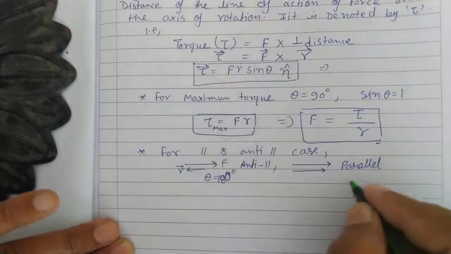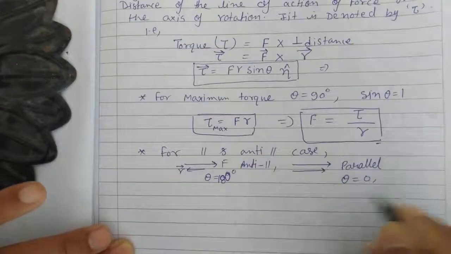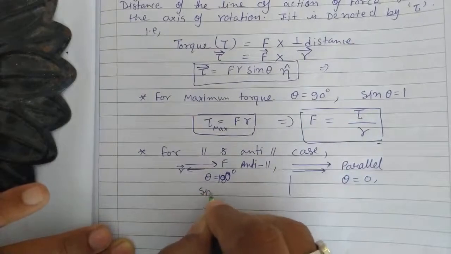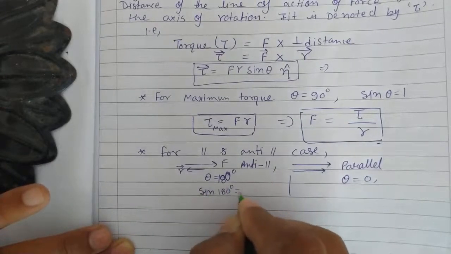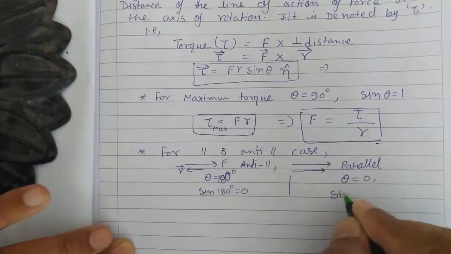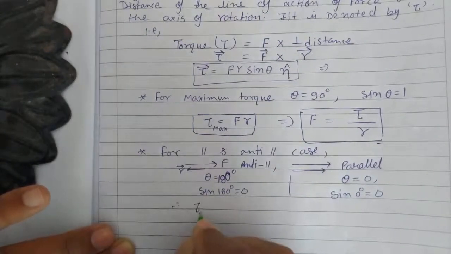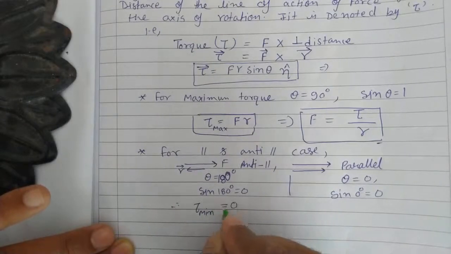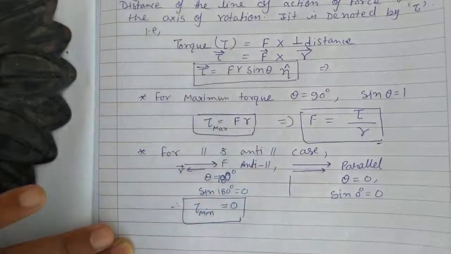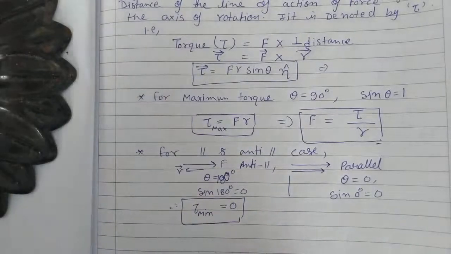For this, sin 180 degree is equal to 0 and sin 0 degree is 0. Therefore torque is minimum, which is equal to 0. Okay, this is the principle of torque.